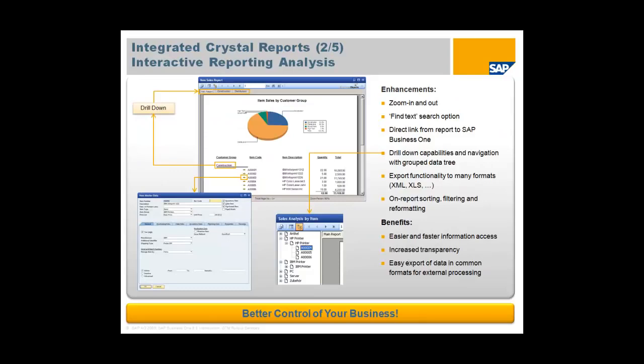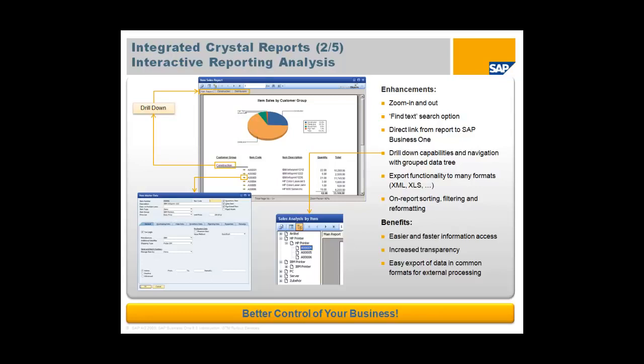Then when we look at the interactive reporting analysis in more detail, some of the enhancements include the ability to zoom in and out on your reports. Once you're in a report, to find text inside the report, and then to directly link from your reports to SAP Business One.